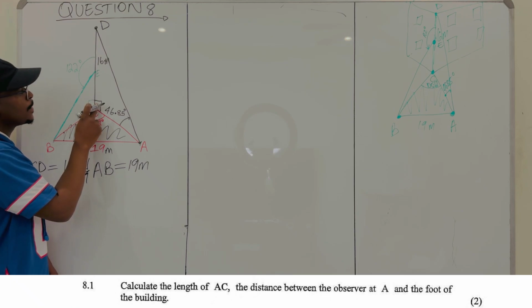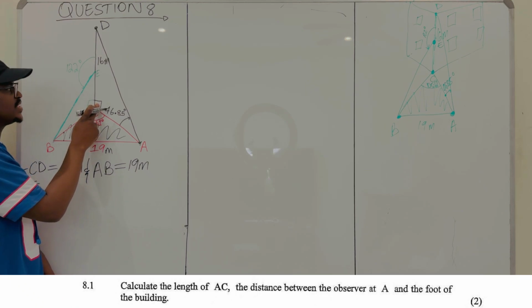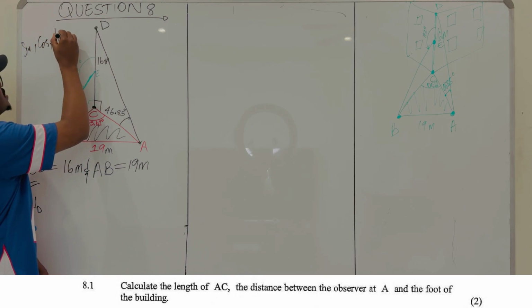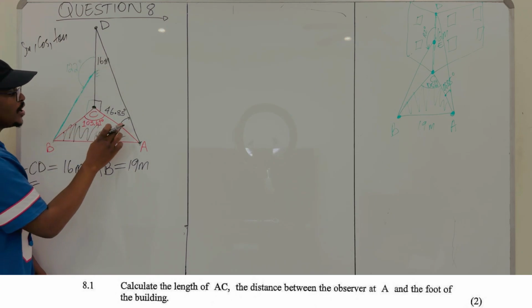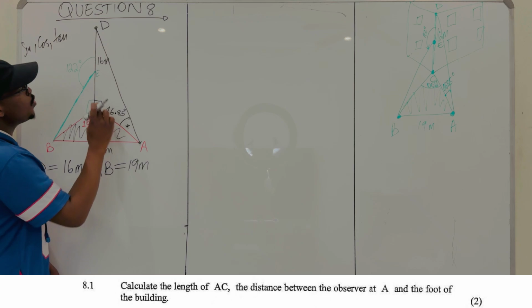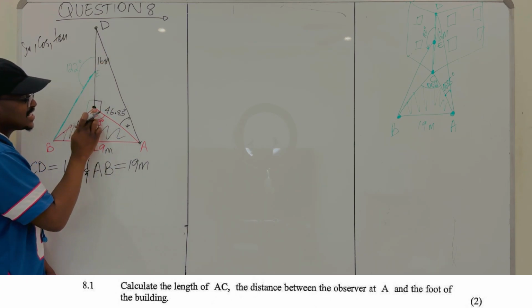So if you have a right angled triangle, you can use your trig ratios, which means your sines, your cosines, and your tans, right? That's what you can use on a right angle. So if you are at this angle, angle A, which is where the guy is sitting, you are given the opposite side, right? And you want the adjacent side.